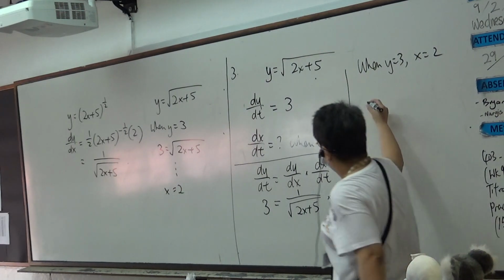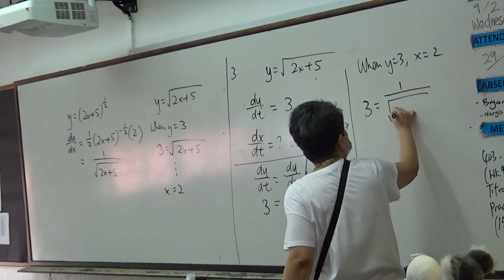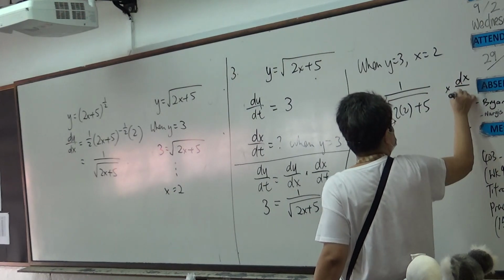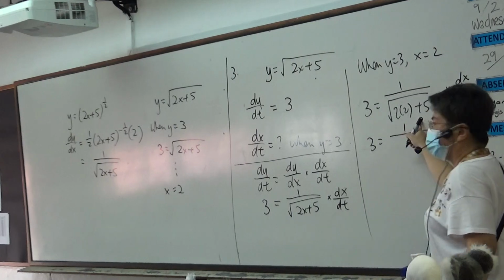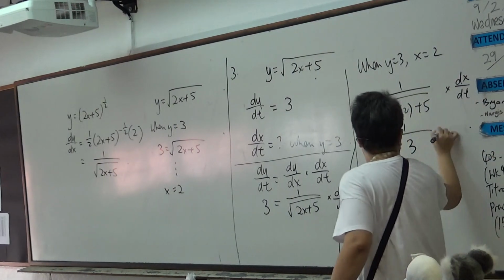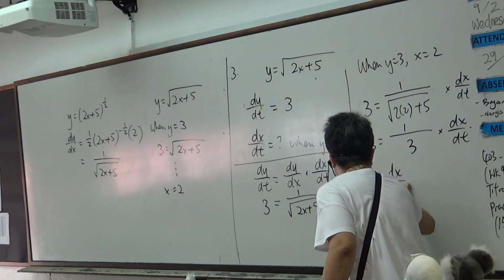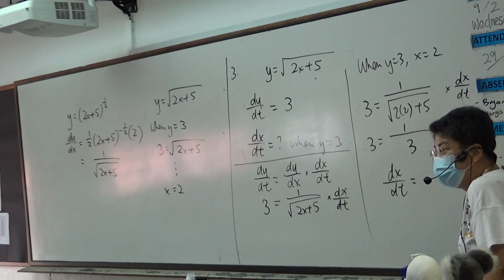So 3 will be 1 over square root of 2 times 2 plus 5. Do you agree this is square root of 9? What is square root of 9? 3. What is my dx/dt? 9, right?